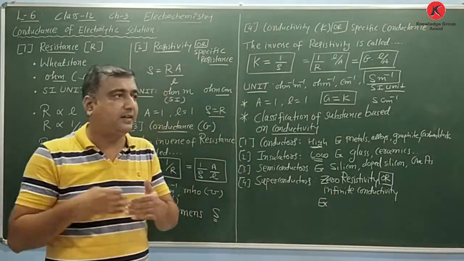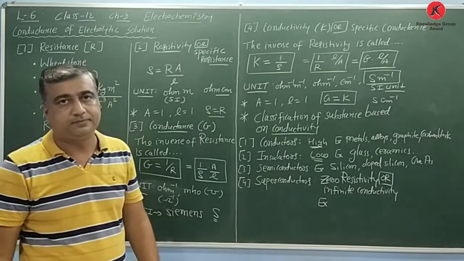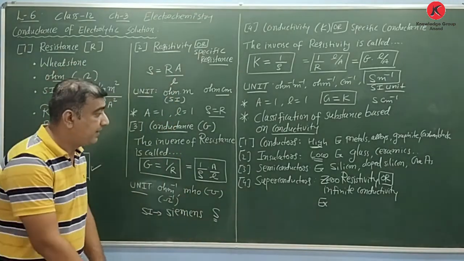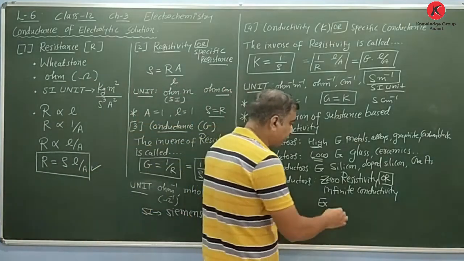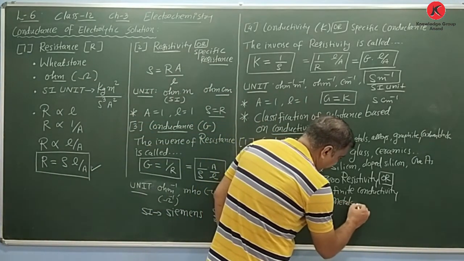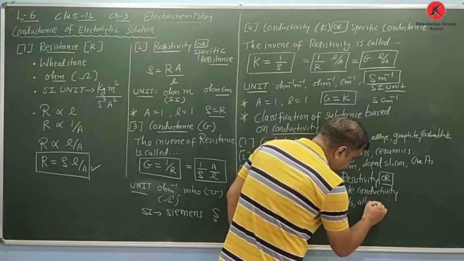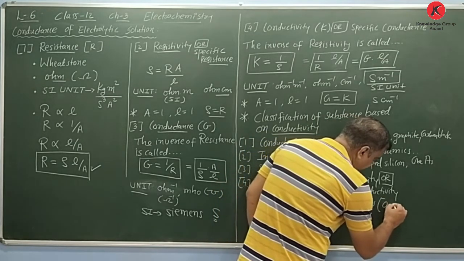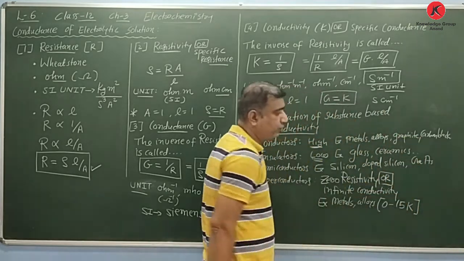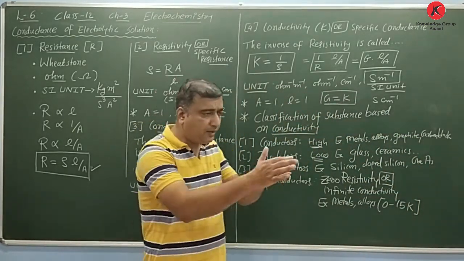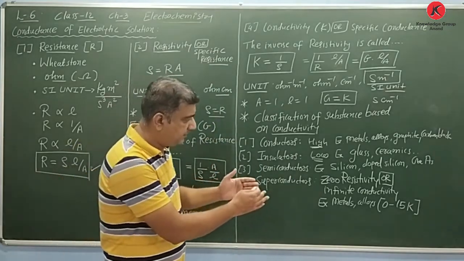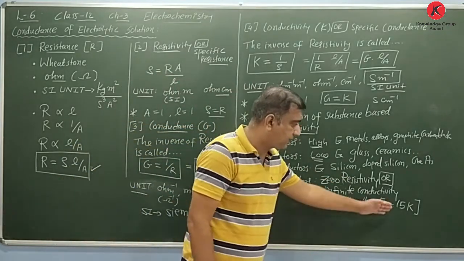Now examples of superconductors. Certain metals and their alloys act as superconductors at very low temperature, 0 to 15 Kelvin. Now certain materials have been discovered that act as superconductors at slightly higher temperature compared to this.